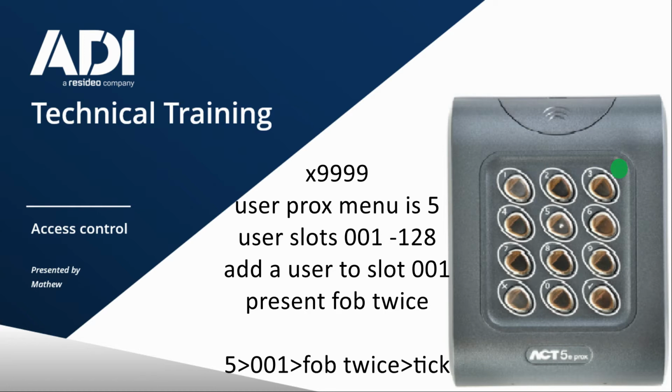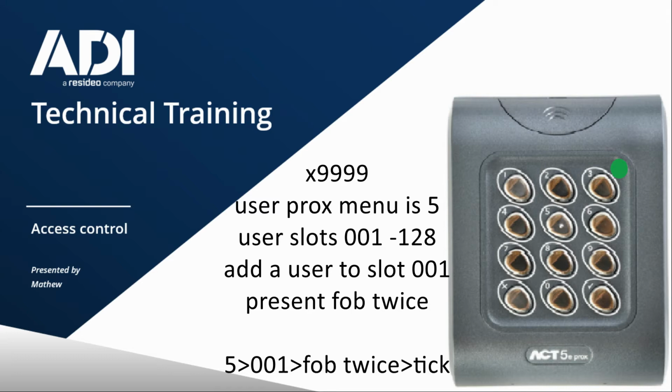Now we're going to program in user 1 as a fob. So back into engineers, X, 4 nines. This time we're adding a fob, so that's menu 5. It's user 1, which means it'd be slot 001. And now the procedure, the green LED is flashing.